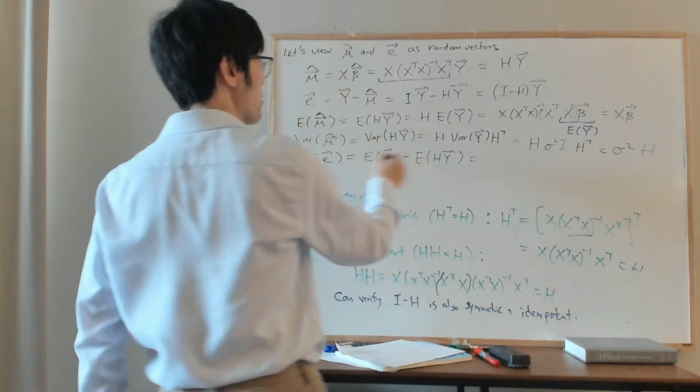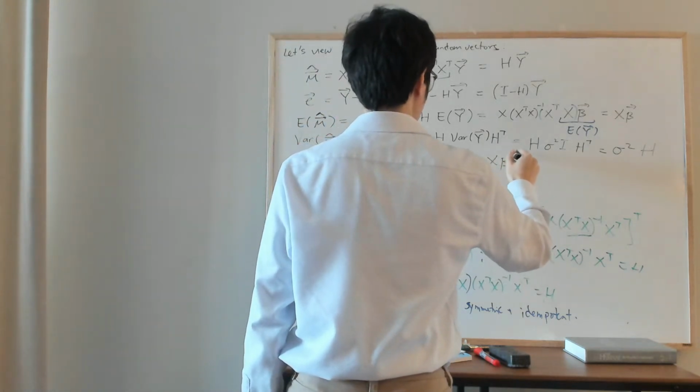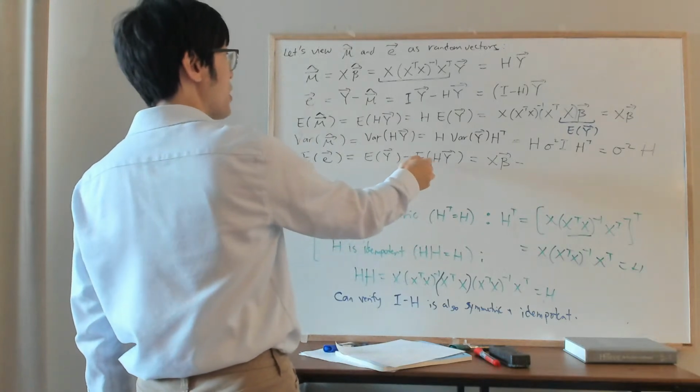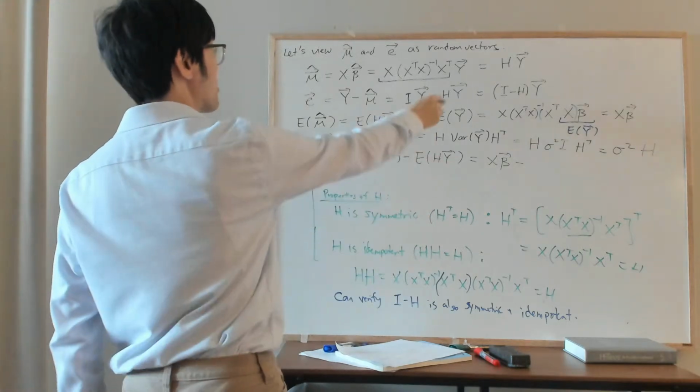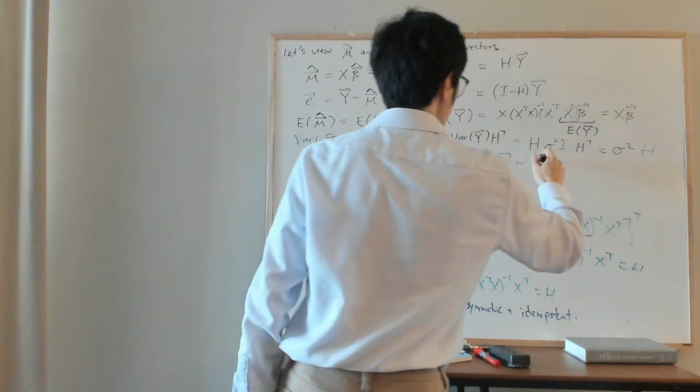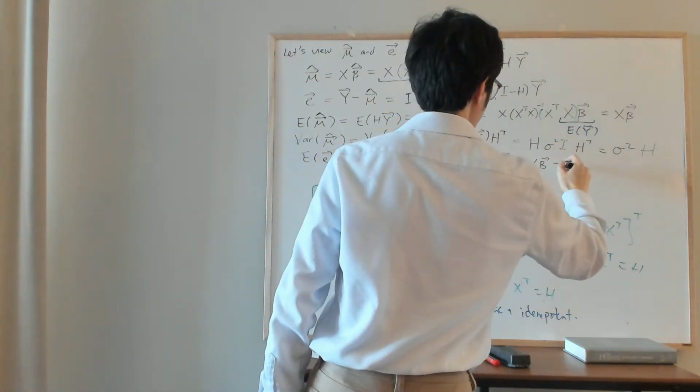We've done all these already, so this one is X beta by the model, and we already derived that the hat matrix times y, the fitted value, is X beta. So this is 0.